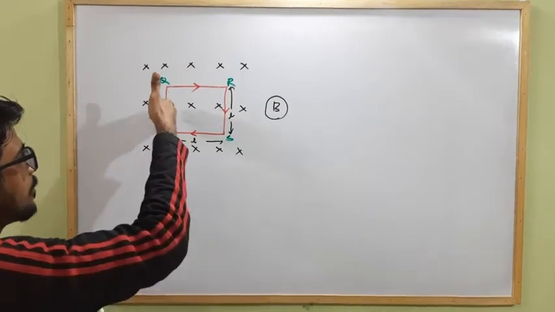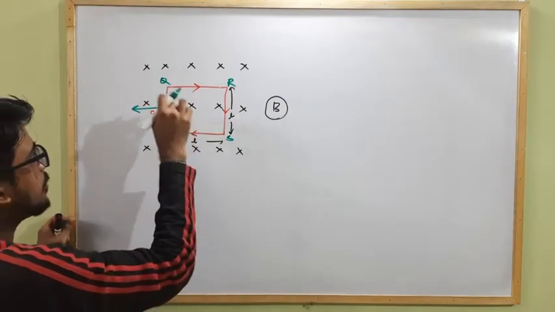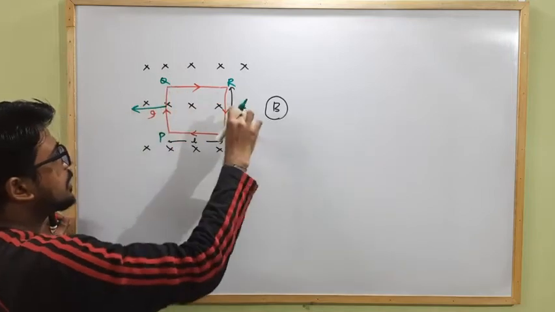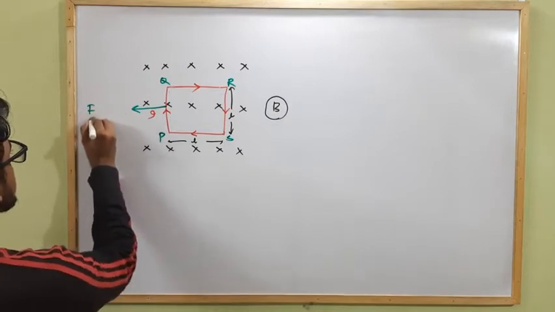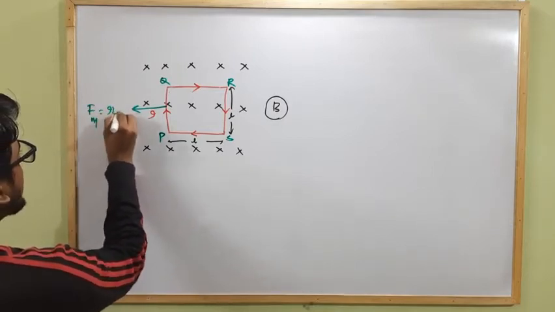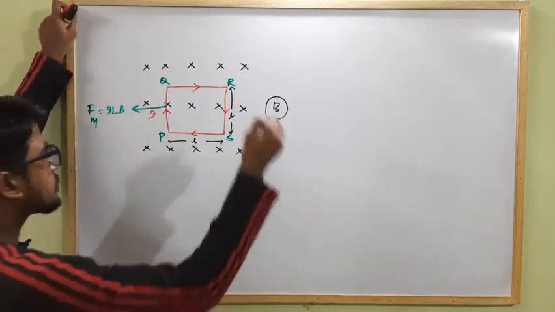By the right hand palm rule, the magnetic force acts in this direction, and the angle between the length vector L and the B vector is 90 degrees. So the force Fm equals ILB, acting towards the left.